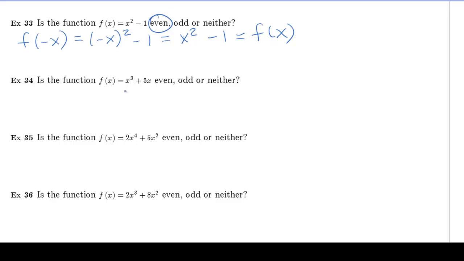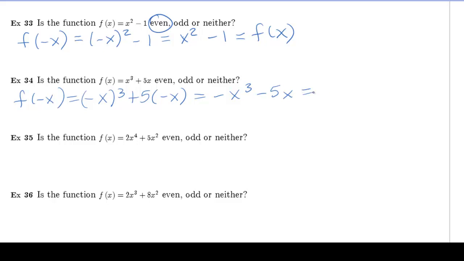We've got x cubed plus 5x. Is it even, odd, or neither? Again, we've got an odd exponent 3 and an odd exponent 1. So we'll plug in f of -x, see what happens. -x cubed plus 5 times -x. -x cubed is -x cubed. 5 times -x is minus 5x.